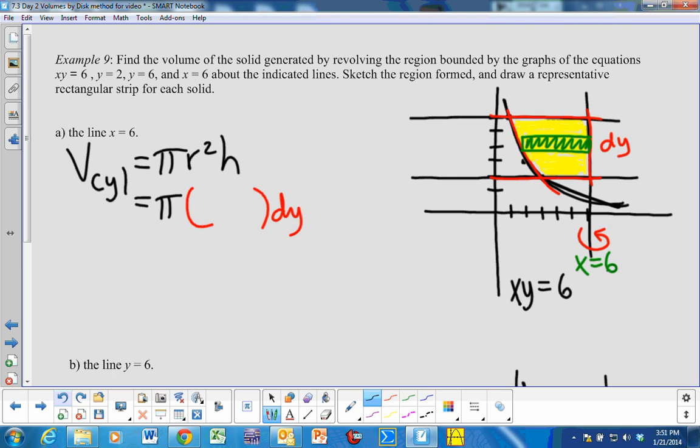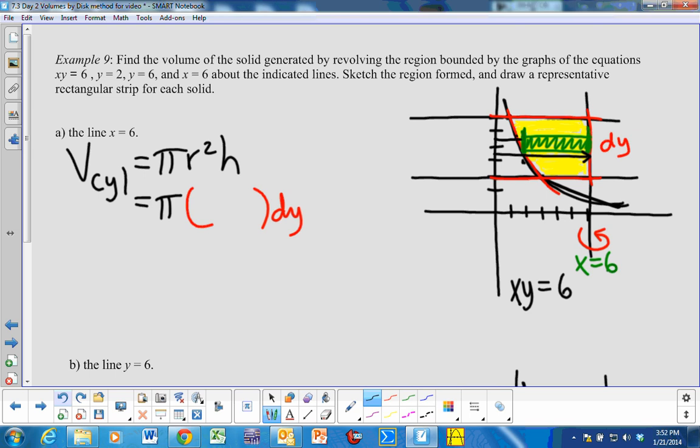So let's look at this very carefully. We have an original x and y axis, and that's really important to remember, that everything's in terms of that. So what I'm wanting is, how far is it from here to here? I need, on any rectangle that I could draw, what is that height? Well, if I measure from this point to the end here, that measurement is 6, because that's the line x equals 6.